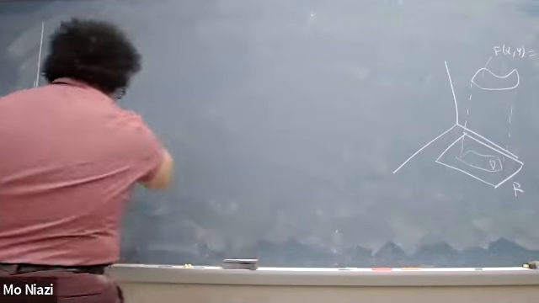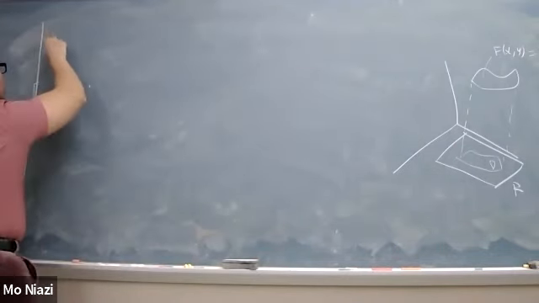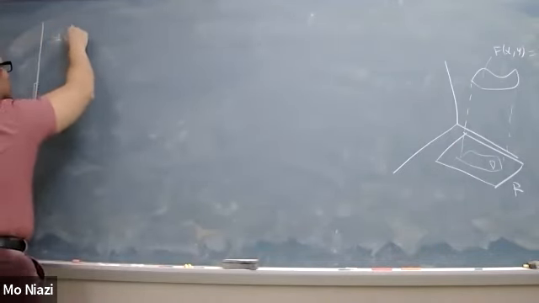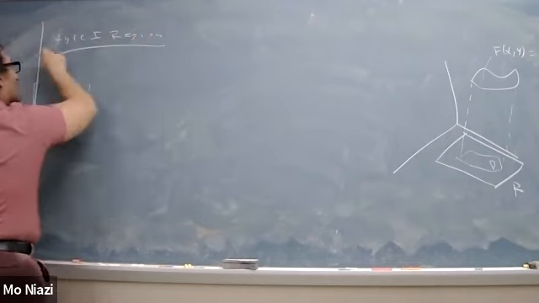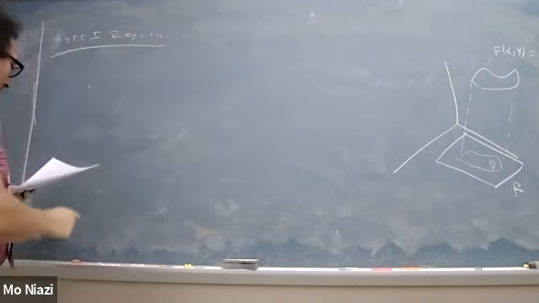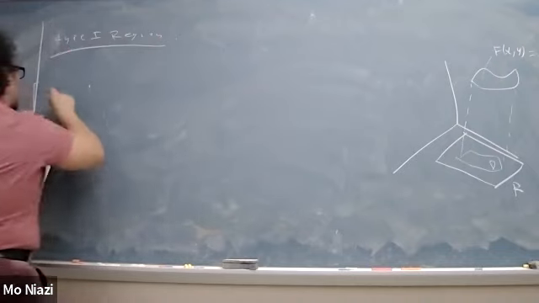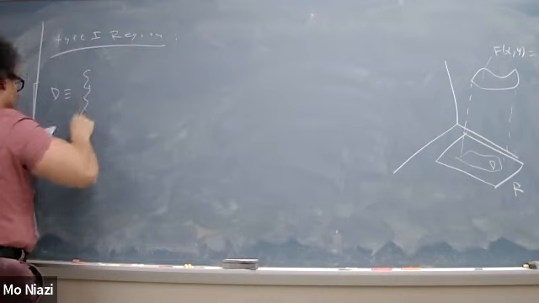All right. Now, let's discuss what a type 1 region of integration is. All right. A type 1 region is defined by domains D that look like this.